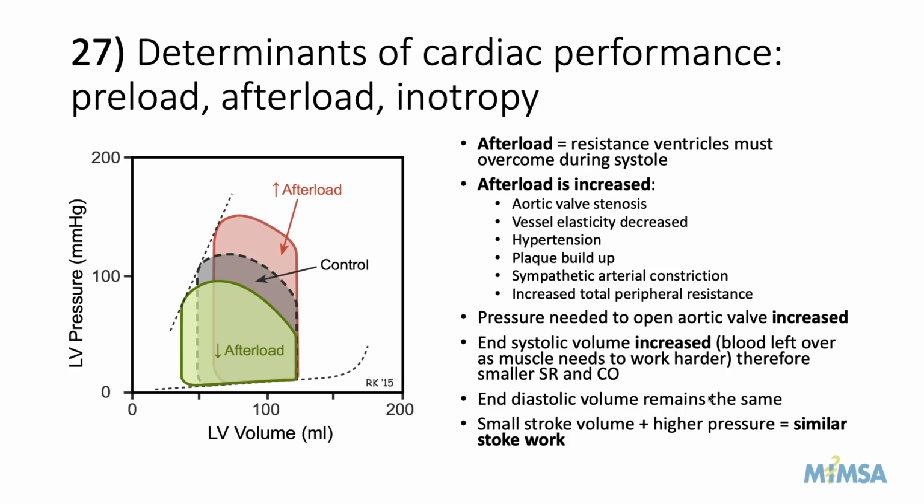As I said, end diastolic volume remains the same, and cardiac output is decreased because the stroke volume is decreased. For example, in this case, the end systolic volume is now about 60. The end diastolic volume is about 120, and 120 minus 60 is now down to 60 milliliters. That's why your stroke volume has decreased.